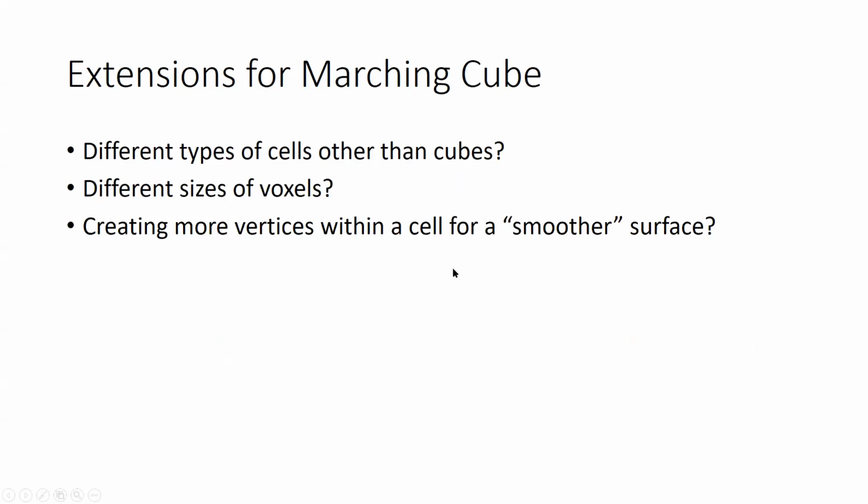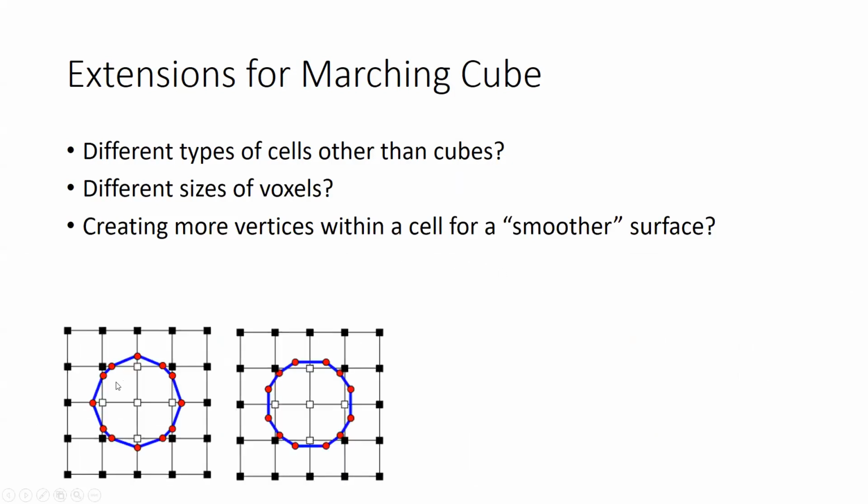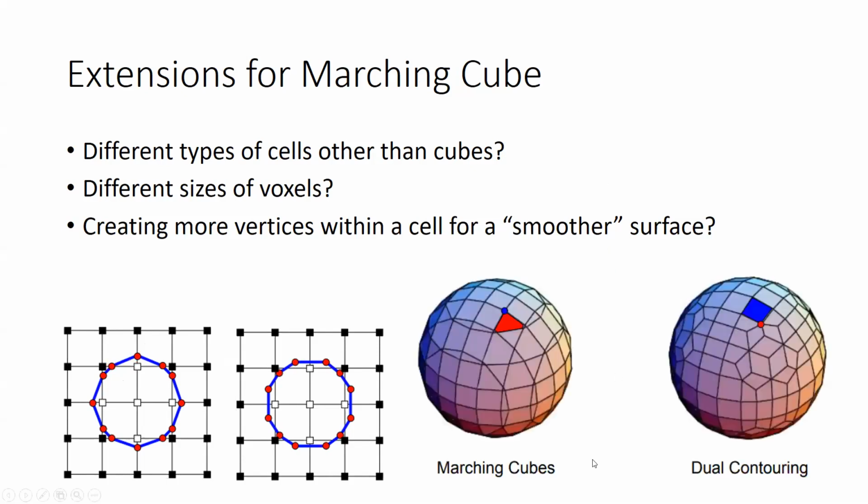And how about more vertices? For example, instead of putting vertices only on the boundary, I add more vertices inside to make it smoother. So this is one of the examples. The left ball here is the marching cubes result. You can see all those vertices aligned to the edges of the cubes, but you can add smoother ones to make the ball look nicer.